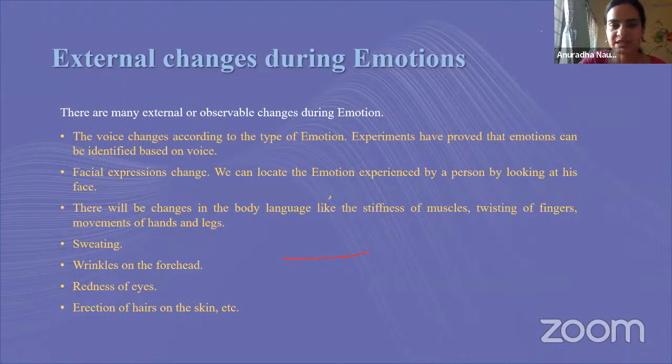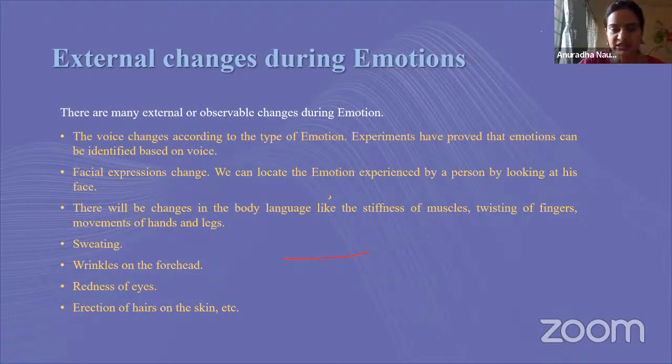Maybe I'm nervous to present. So you can detect the emotion based on the voice tone, based on the voice timbre, facial expression change. We can locate the expression experienced by a person by looking at his or her face. So when you're looking at any other person, you can tell, okay, this person is angry, this person is happy, this person is sad.